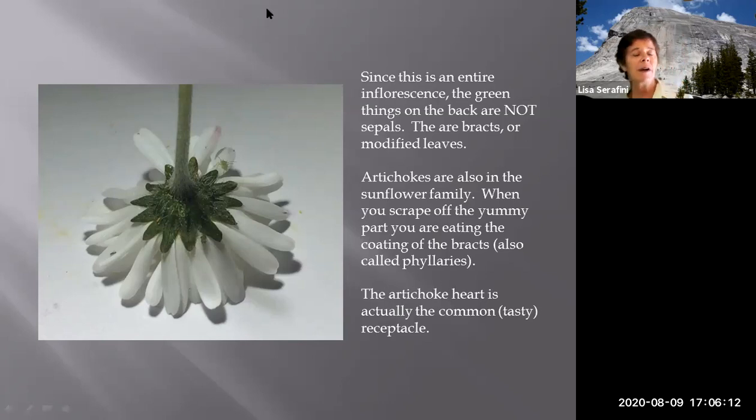And you may be surprised that if you eat artichokes, which I hope you do because they're lovely, those things you pull off that look like leaves and you scrape the good stuff off with your teeth, those are the phyllaries. Those are the modified bracts for this inflorescence. Well, not this one, but for an artichoke inflorescence. By the way, what is the heart of an artichoke?